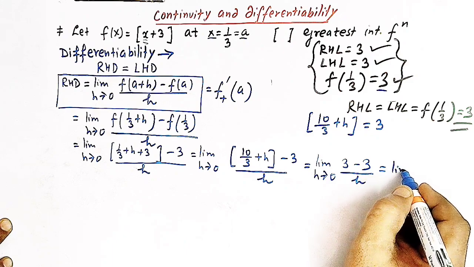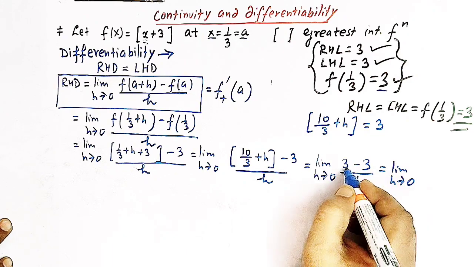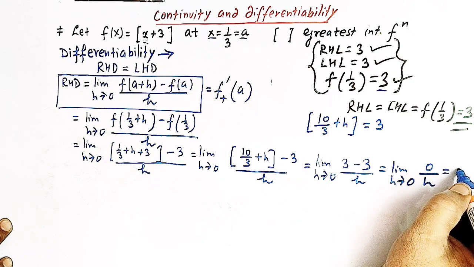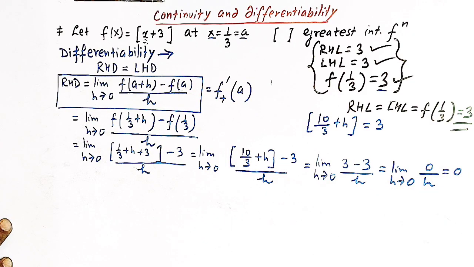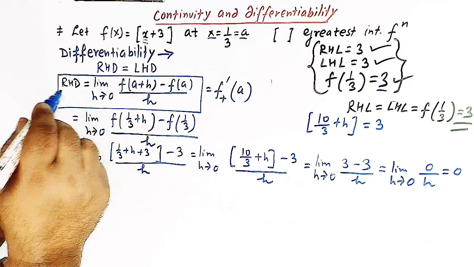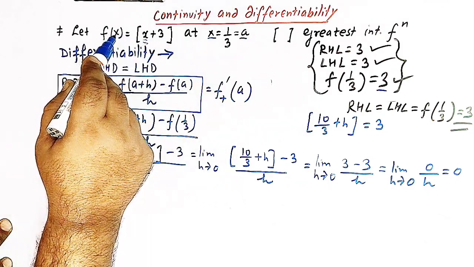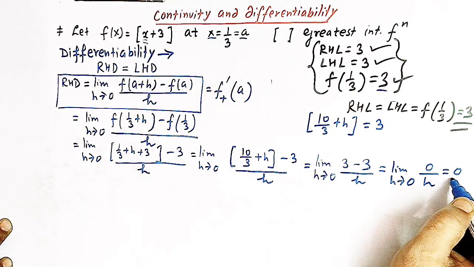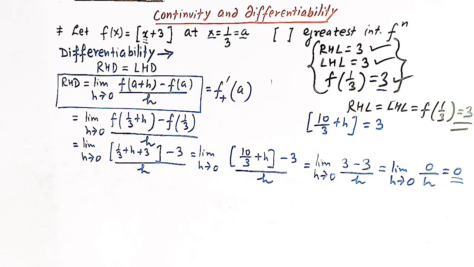So this is limit h tends to 0, 3 minus 3 is 0, over h. So that is equal to 0, right? So the right hand derivative of this function at x = 1/3 is given by 0.